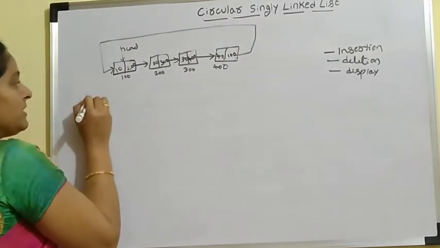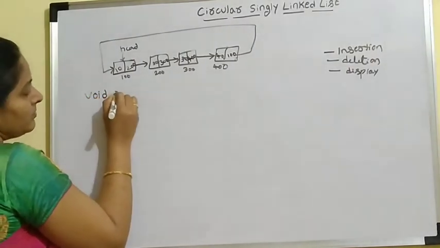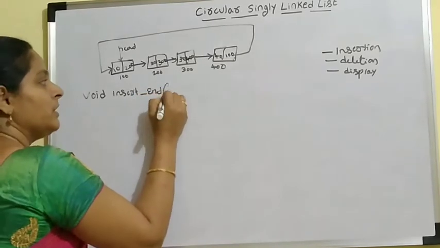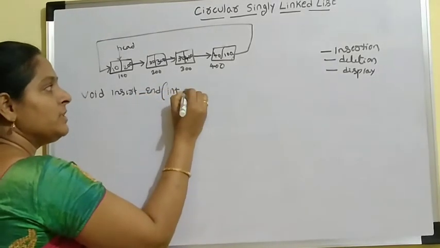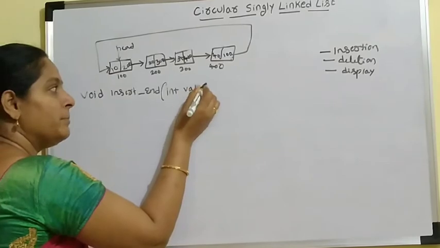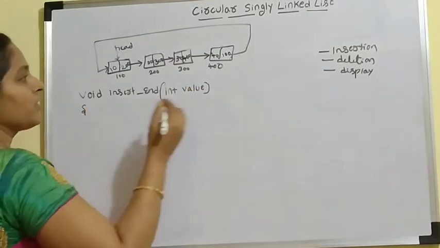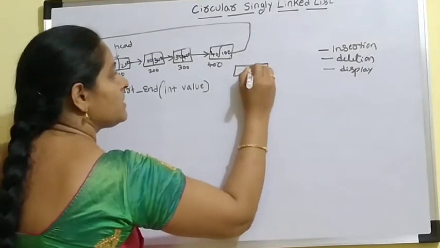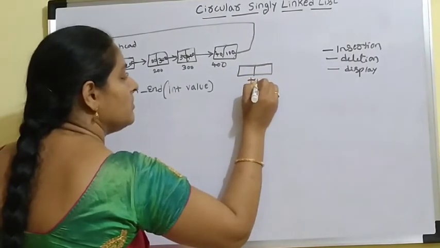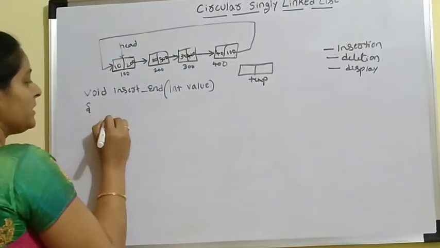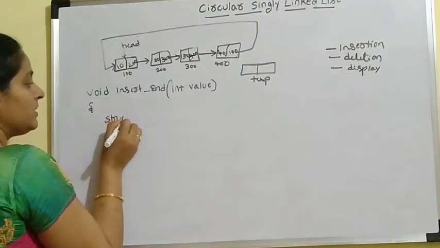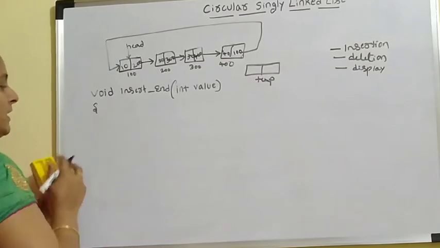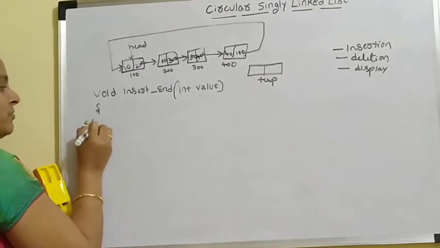Here also, whatever value I want to insert, I am passing it as a parameter. This is my newly inserting node, temp. So first I need to declare the temp pointer. In a single statement itself I will write the memory allocation also.